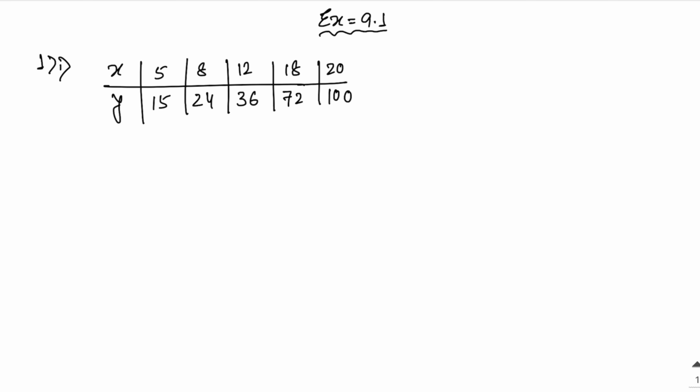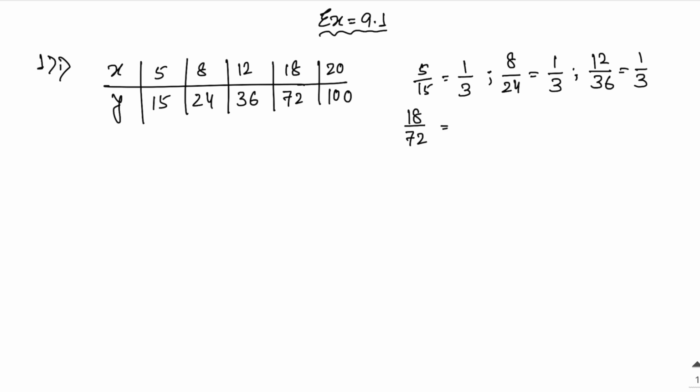So first one, 5 by 15, that means 1 by 3. Now the next one, 8 by 24, that is also 1 by 3. Next one, 12 by 36, that is also 1 by 3. After that, 18 by 72, that equals 1 by 4. The last one, 20 by 100, that equals 1 by 5.